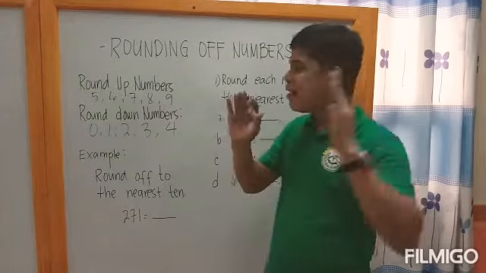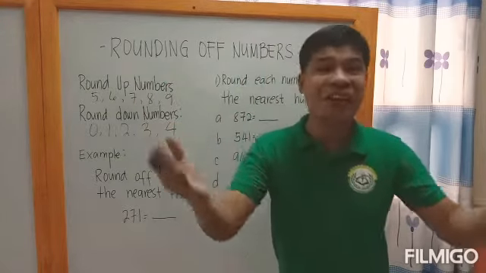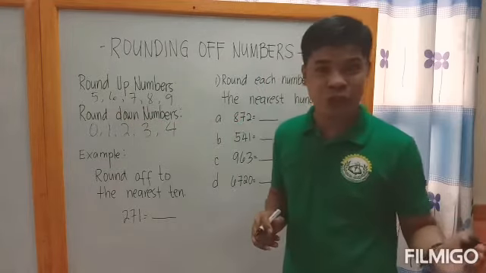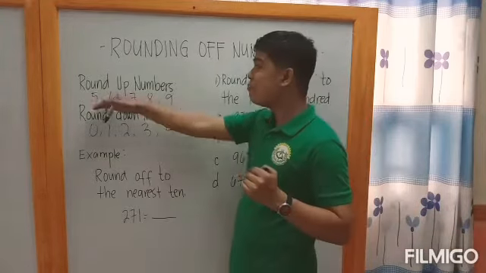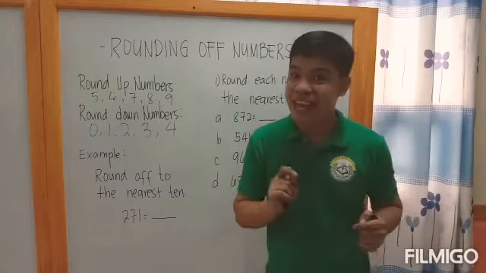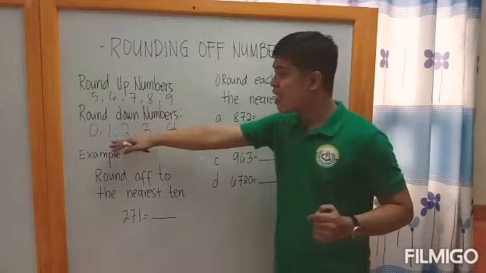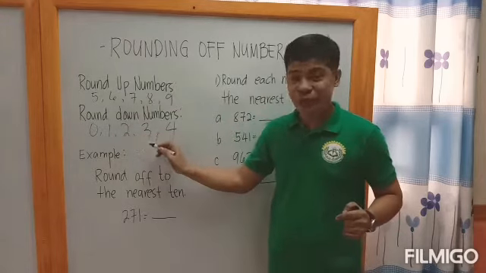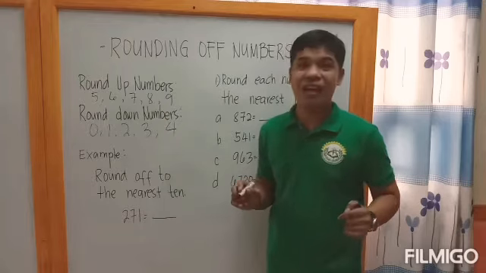So we have now enumerated the round up numbers and round down numbers. Again, round up numbers are 5, 6, 7, 8, and 9, and the round down numbers are 0, 1, 2, 3, and 4.